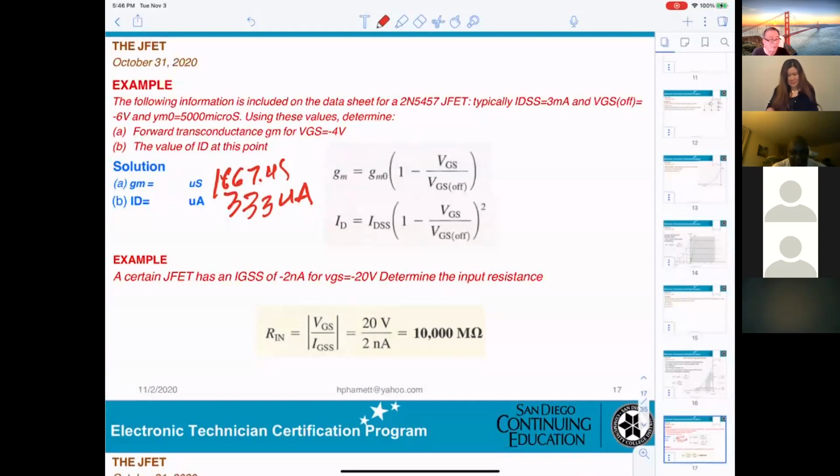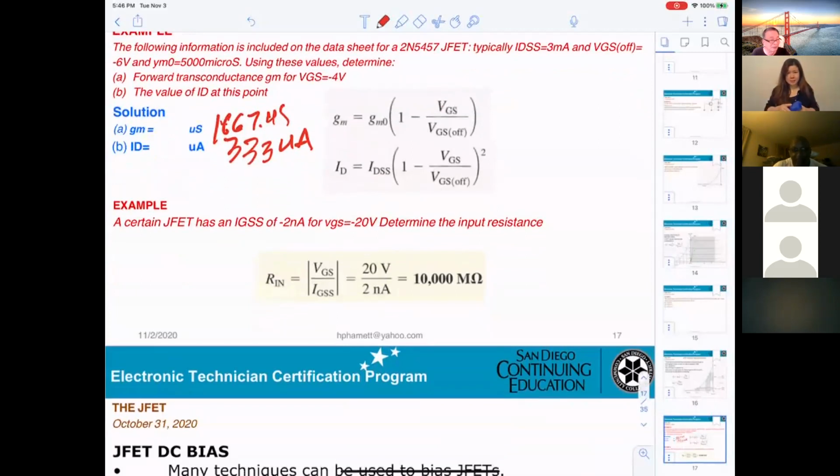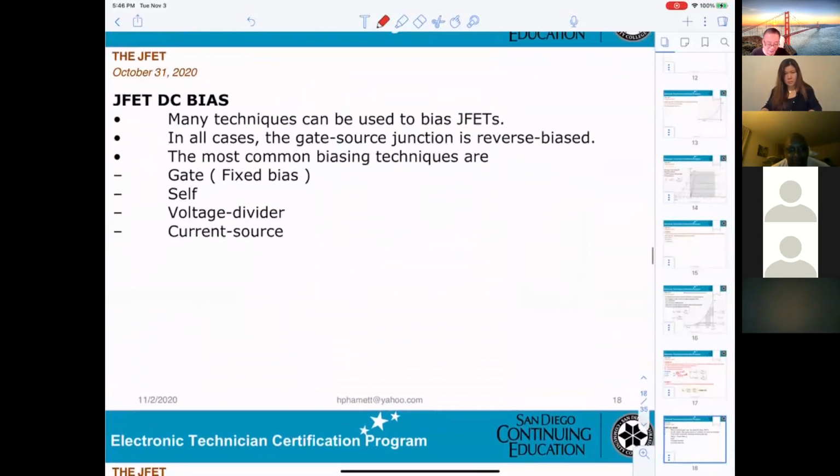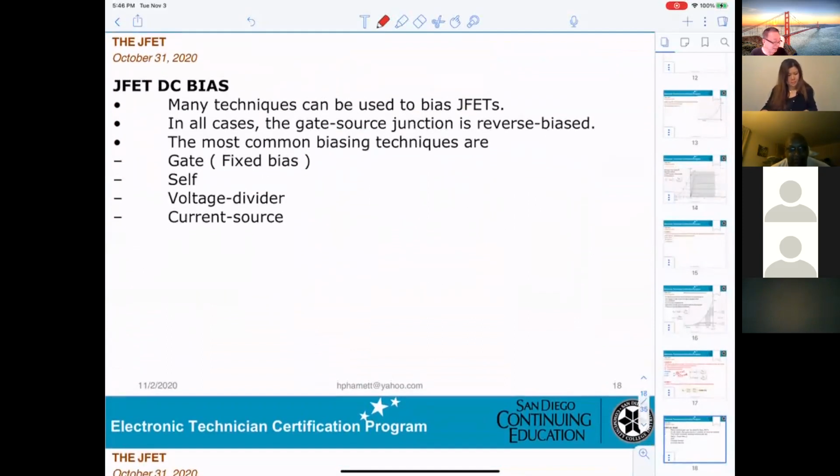Okay, another example, just for you to look into. If you want to calculate the input resistance, you can use VGS divided by IG at that point. You can look into that, we don't care. Now, there's another measure here, DC bias.